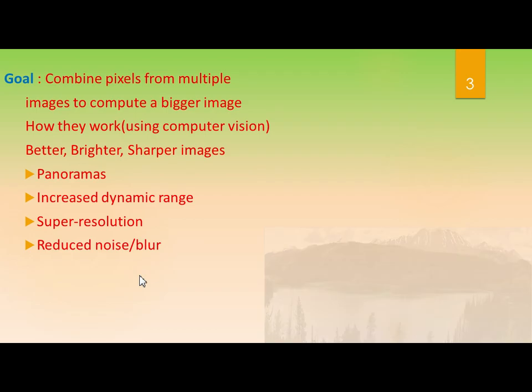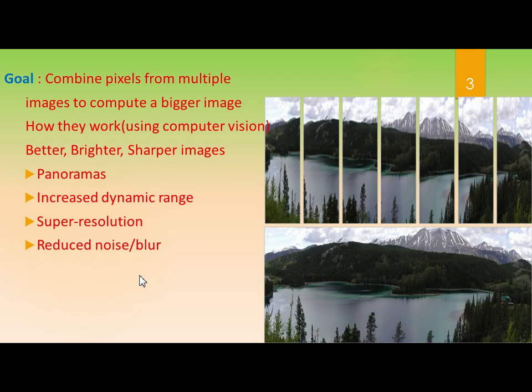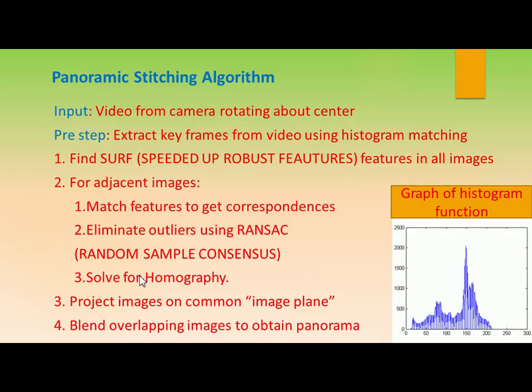The main goal is to combine small pixels from multiple images to form a bigger image, because it gives brighter, better and sharper images, with super resolution and reduced noise, and there is no blur in these images.